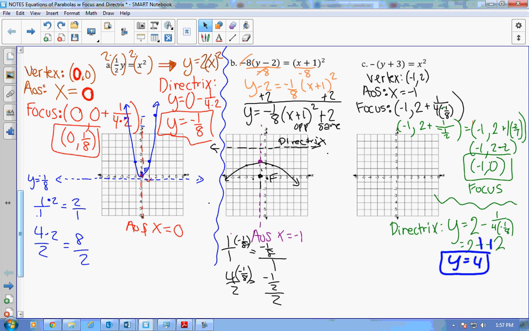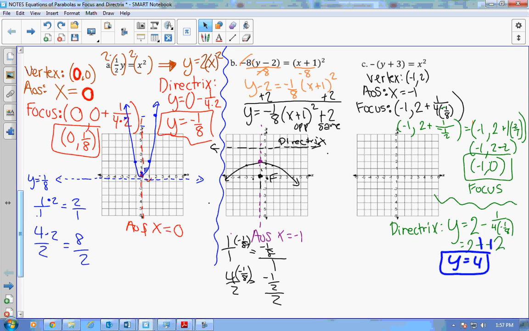Okay, does anyone know another name for slope? Ah, you already know it. Rise over run, we use that, sure. Rate of change. Do you guys already know how to find slope? How do you find slope? Rise over run, what's the formula?